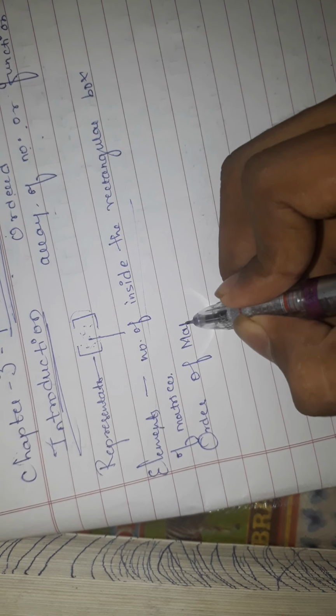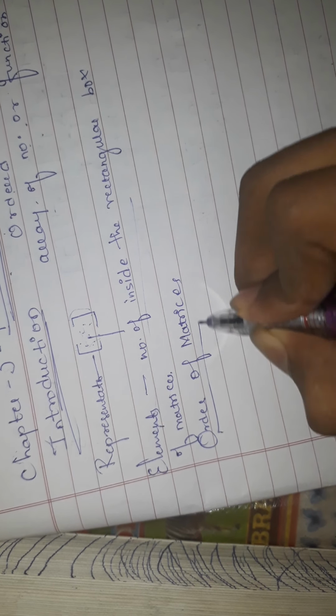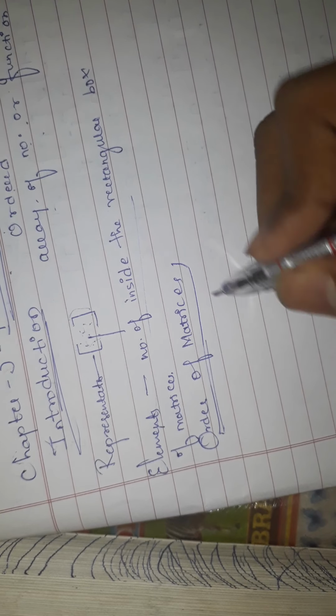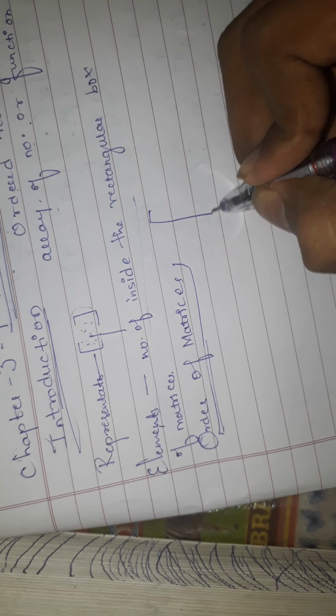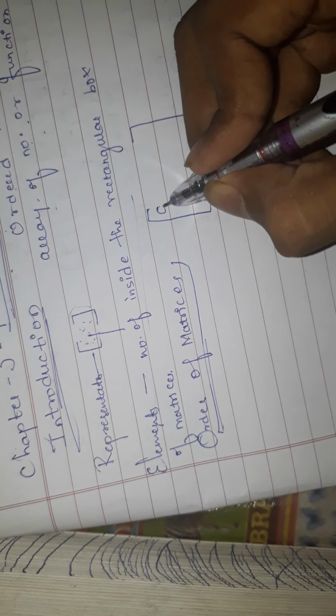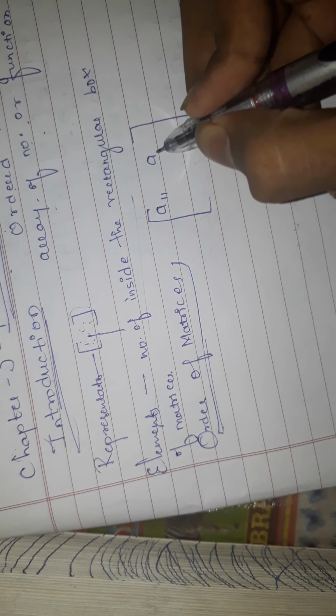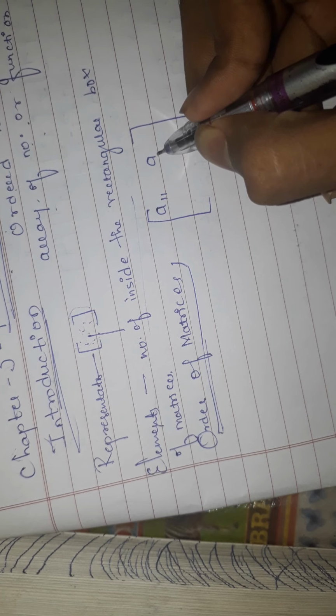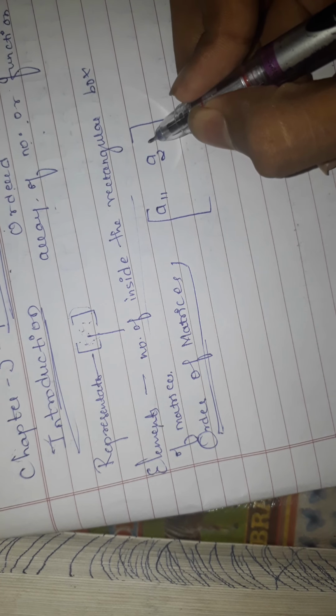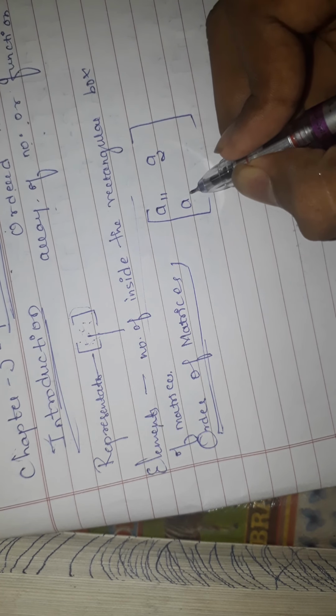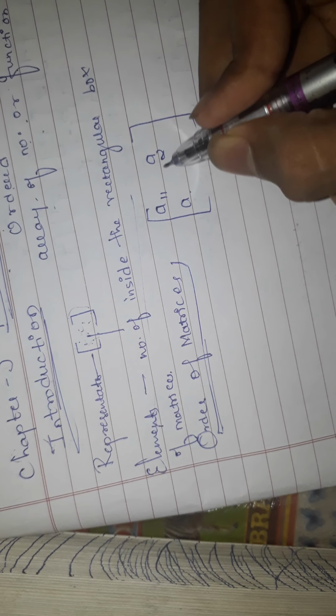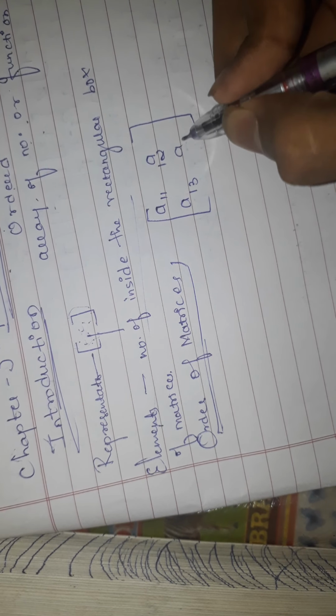Order of matrices. What is the order of a matrix, and how do we know it? This is an element, and I told you it is represented in a square bracket. So here we have a11, a12, a13 and a14.